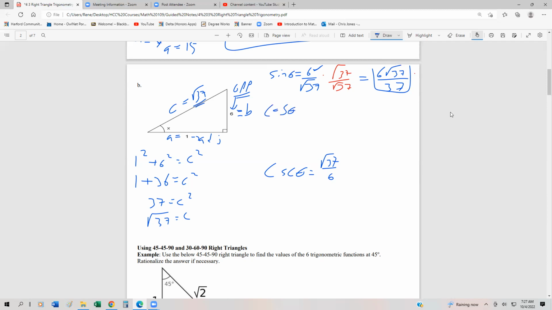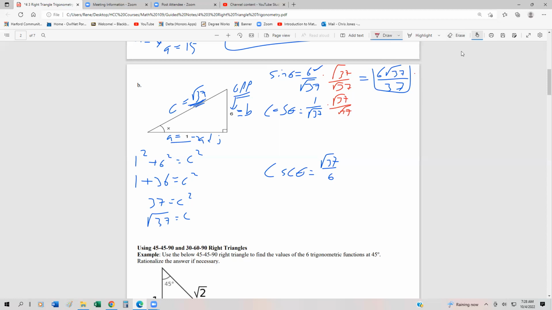The cos of theta. Now remember, cosine is the adjacent over the hypotenuse. So the adjacent is 1, and the hypotenuse is root 37. And we're going to do the exact same thing where we have to rationalize. So we're going to multiply by root 37 over root 37.